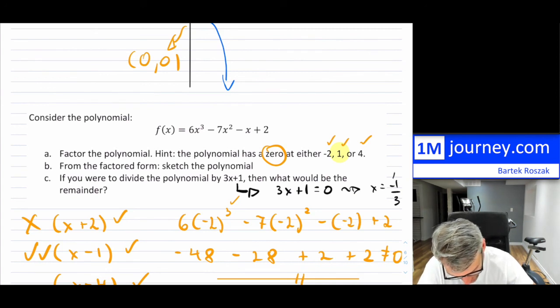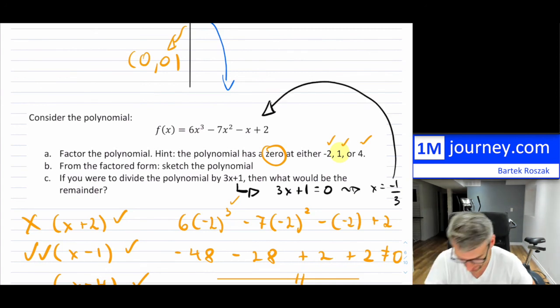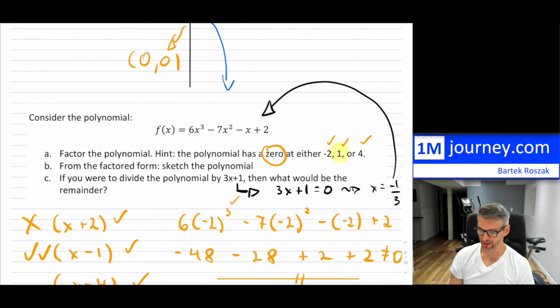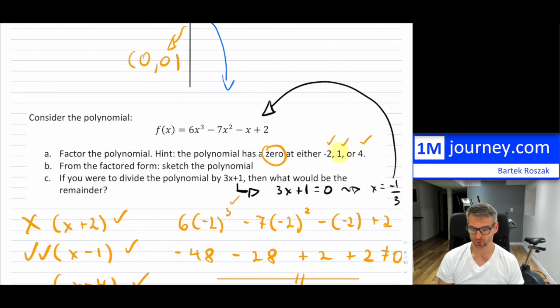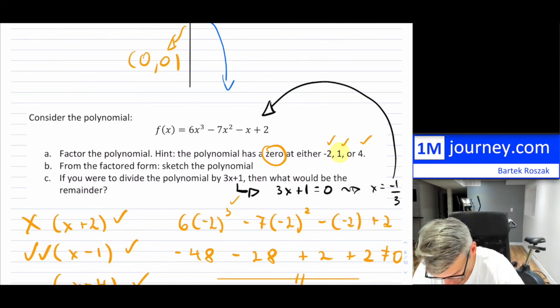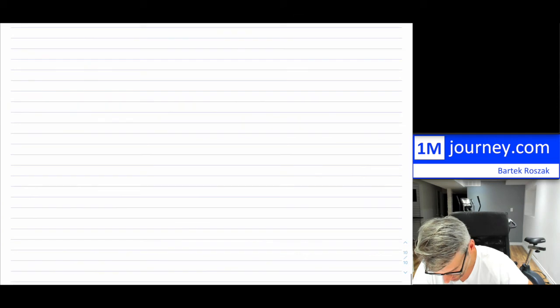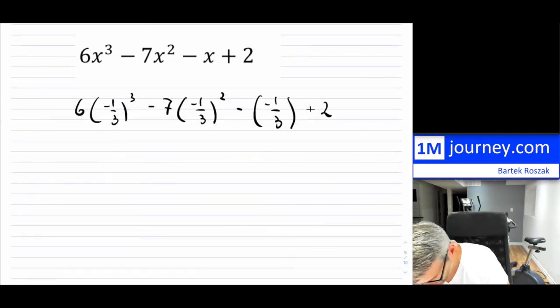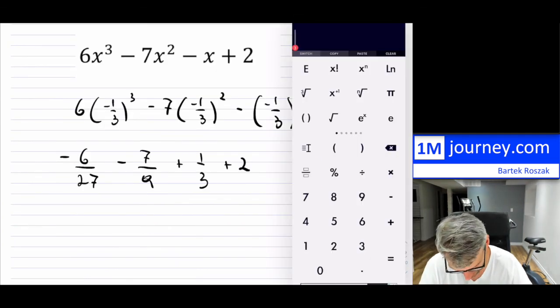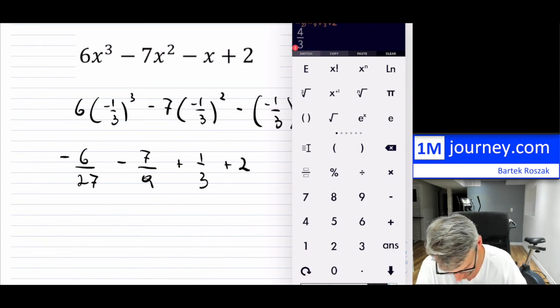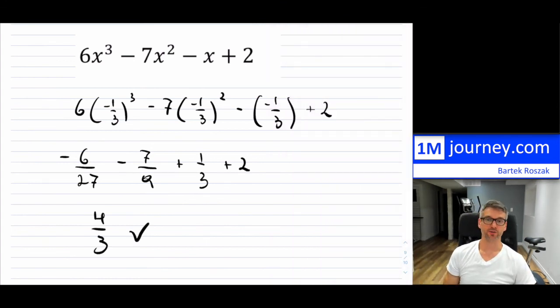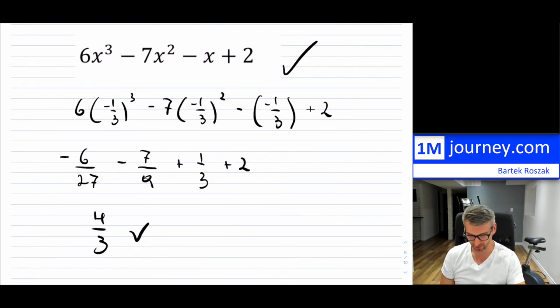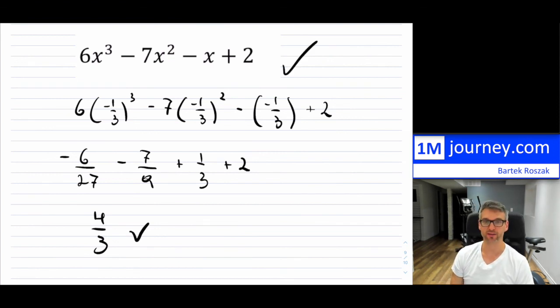So we would have to substitute negative 1 over 3 in here to find, using the remainder theorem, what that result would be. Okay, let me just check that for you. Okay, so there you have it. Hopefully I've done the arithmetic correctly, but that's what the remainder theorem would tell us. So we would just substitute that in and then find 4 over 3.